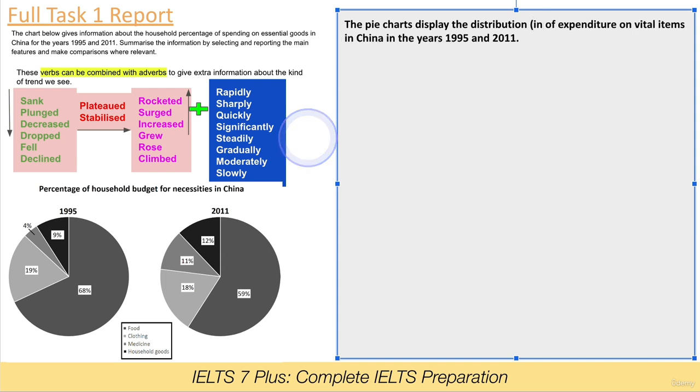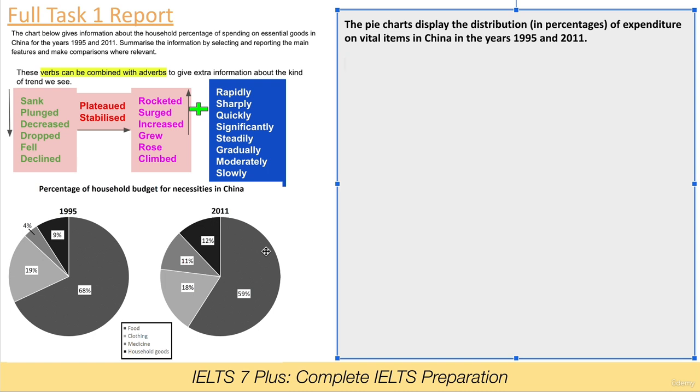Let's do in percentages here so that it's clear. Okay, the pie charts display the distribution in percentages of expenditure on vital items in China in the years 1995 and 2011. Okay, I think that's good.